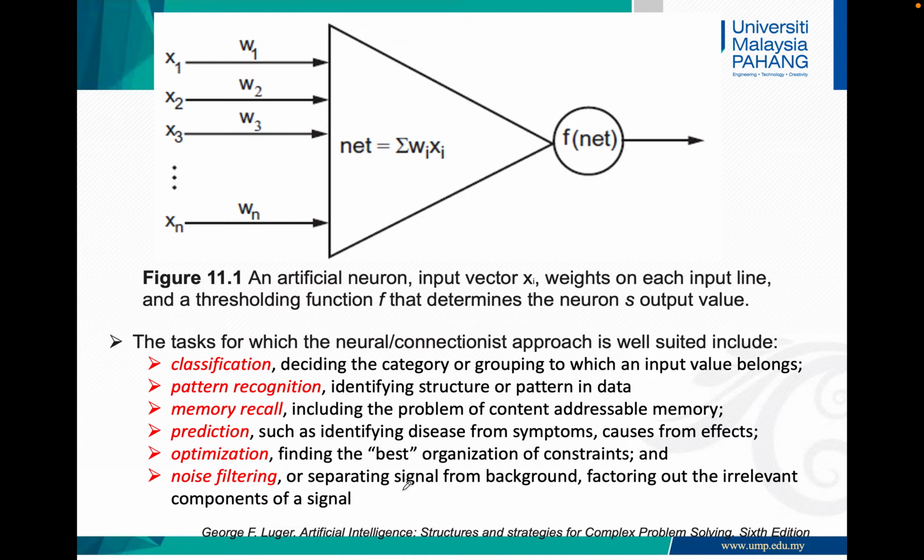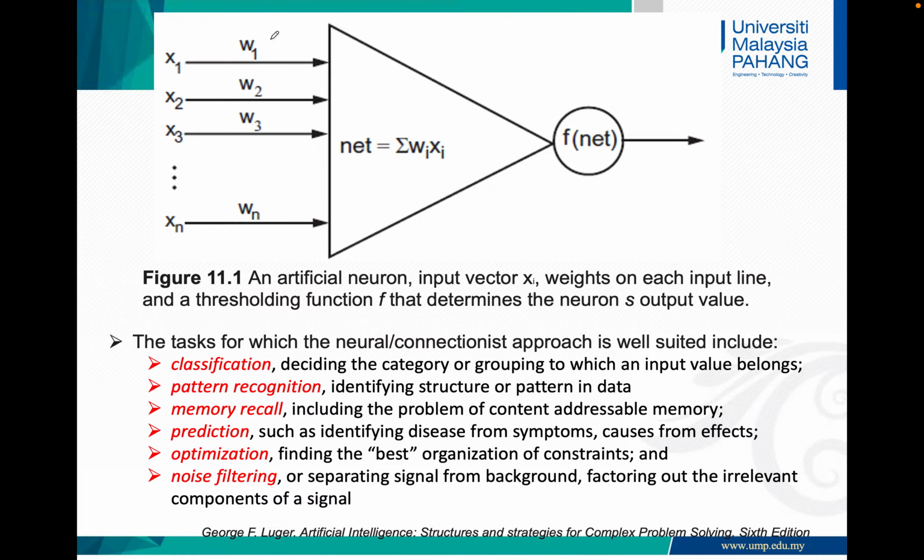Now let's take a look at figure 11.1 here. This figure is for the artificial neurons. As we mentioned in the list of terms in the previous slides, we have the input vector here, x1, x2, x3, all the way until xn.